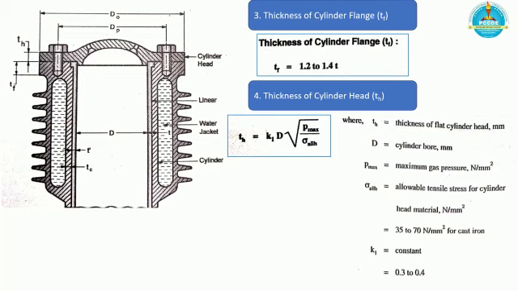We need to assume this constant, that is in the range of 0.3 to 0.4. It is not a given data, so again one more assumption has to be made. And sigma allowable, as we have stated for a cast iron, is in the range of 35 to 70 Newton per mm square. So by this we will calculate the thickness of cylinder head.